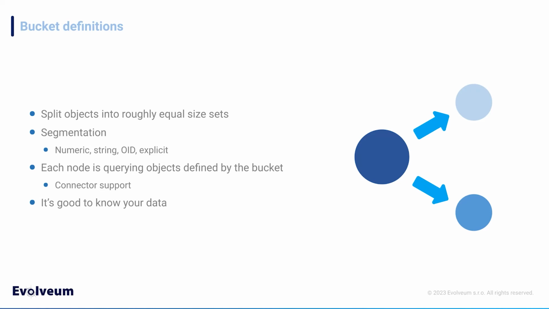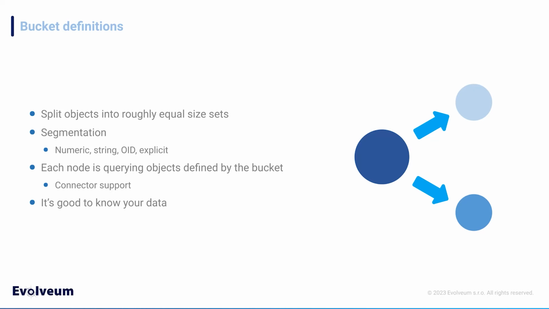And we support different types of segmentation. For example, numeric. If the object has some IDs, ideally sequential or evenly distributed, you will just say, okay, let's use this numeric attribute, it's starting at this number, ending at this number, and we want to split it into groups by thousands of objects, for example. That's easy.